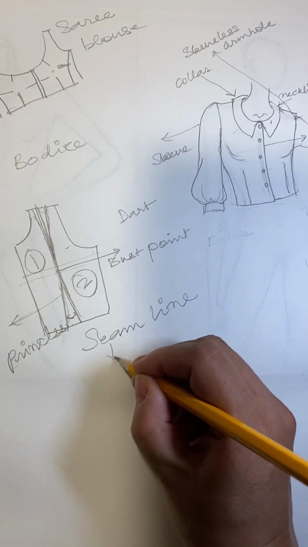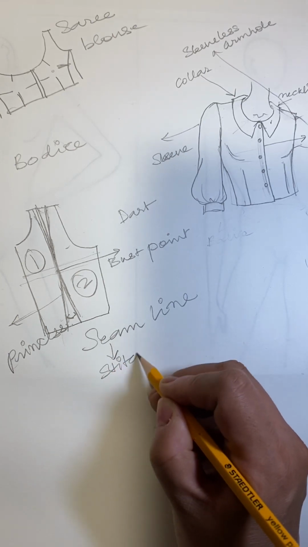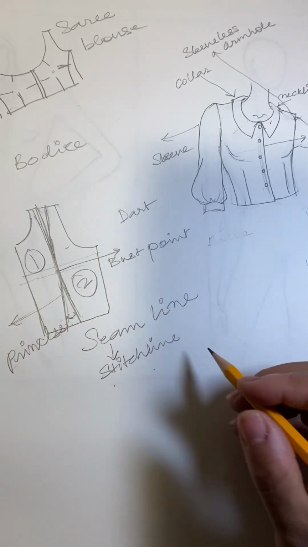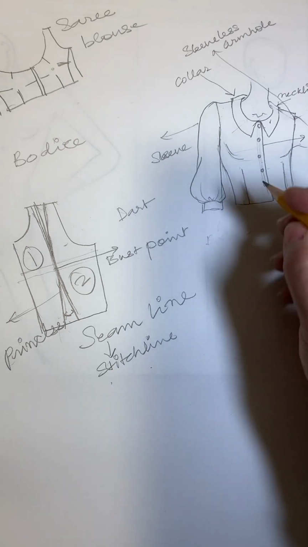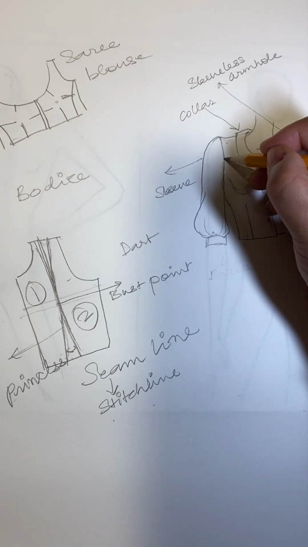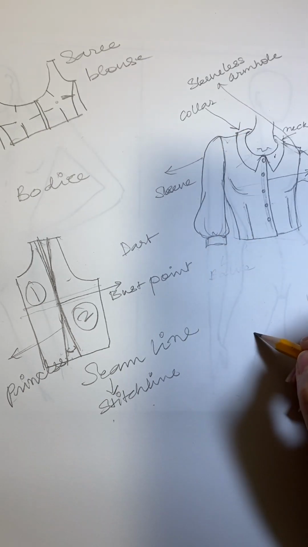A seam line is a stitch line where two pieces of fabric are connected. So this is a seam, this is a seam, this is a seam.